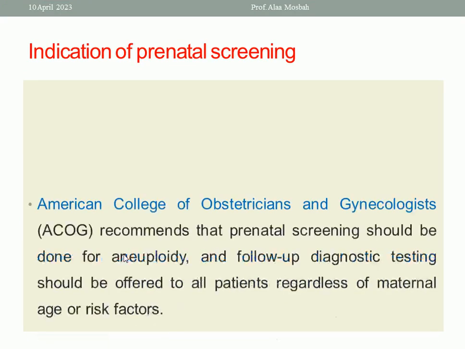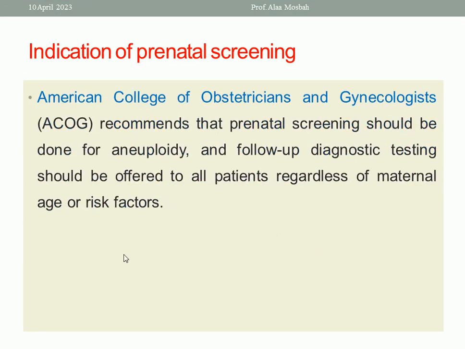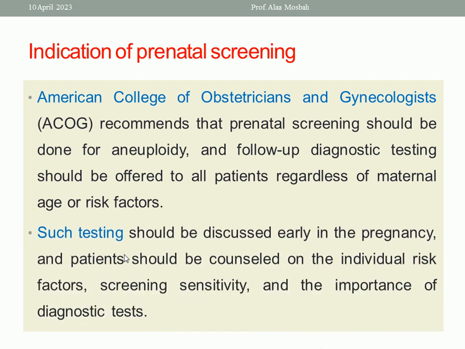Indication of prenatal screening: the American College of Obstetricians and Gynecologists recommends that prenatal screening should be done for aneuploidy, and the follow-up diagnostic testing should be offered to all patients, regardless of maternal age or risk factors. Such testing should be discussed early in the pregnancy, and the patient should be counseled on the individual risk factors, screening sensitivity, and the importance of diagnostic testing.